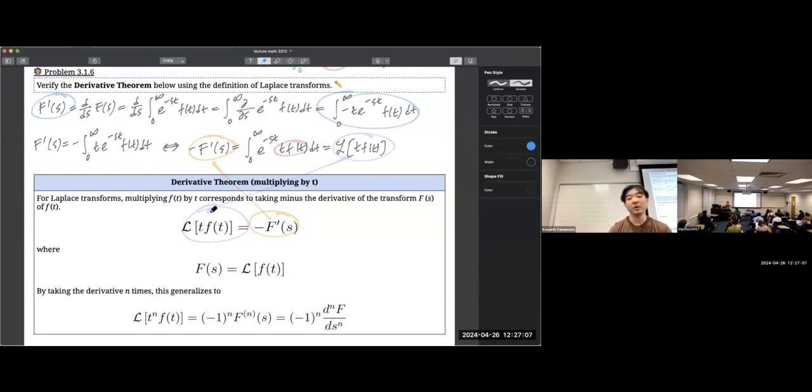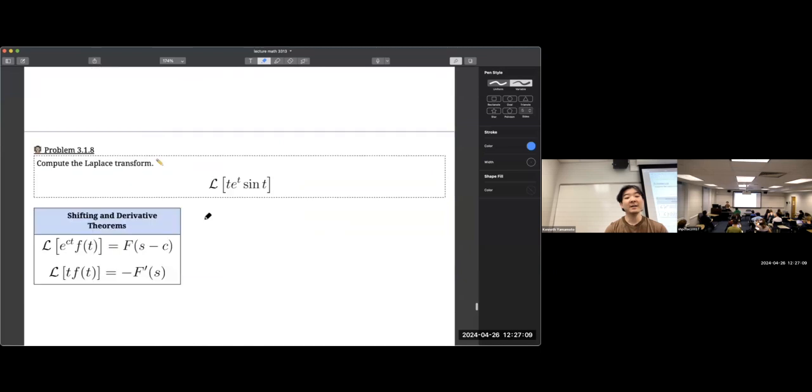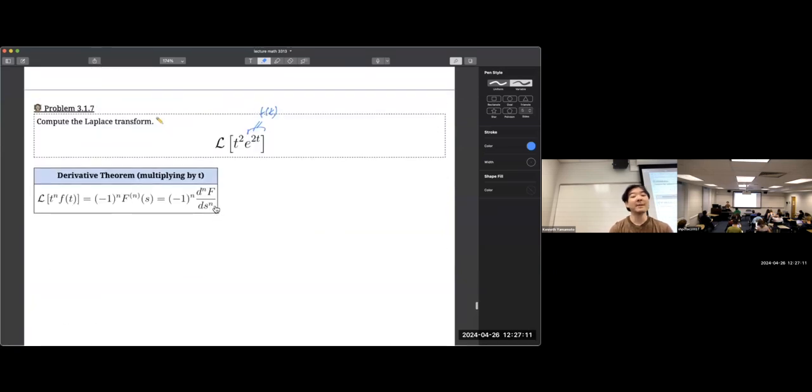You can check this on your own, but in general, that is what happens if you successively take the derivative of your Laplace transform with respect to s multiple times. We're interested in this general form instead of just t because we have t squared here, so we're looking at the case where n is equal to 2.